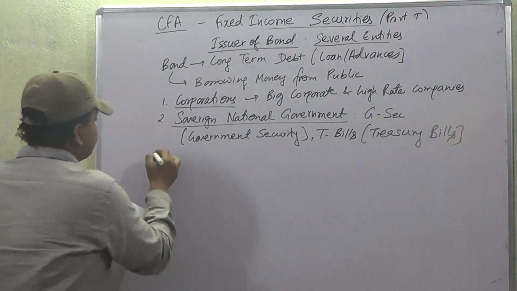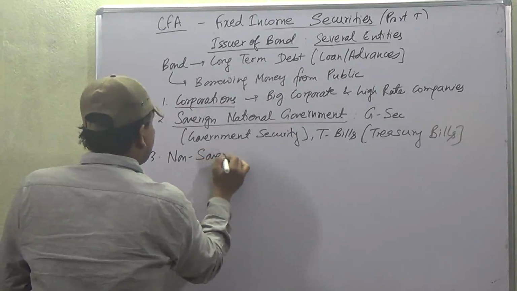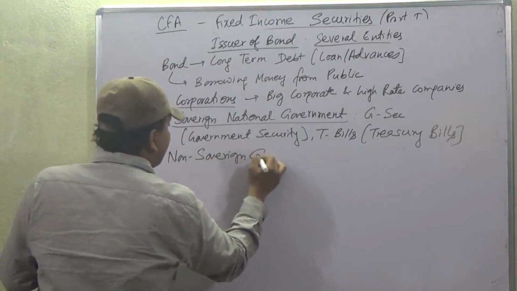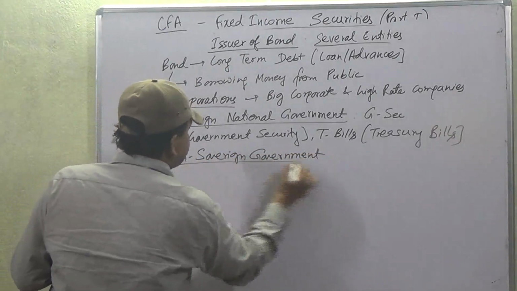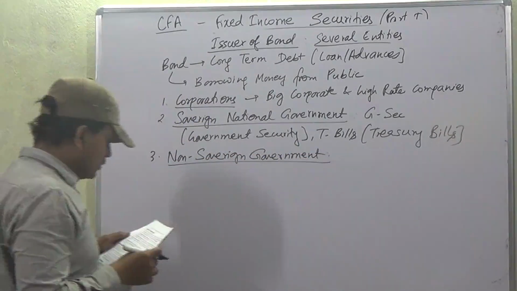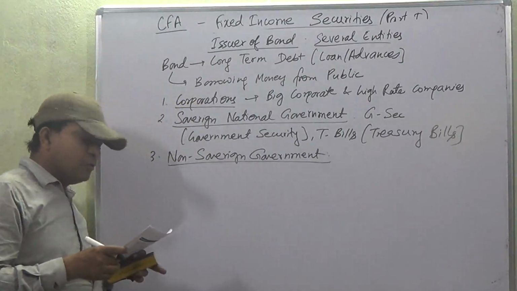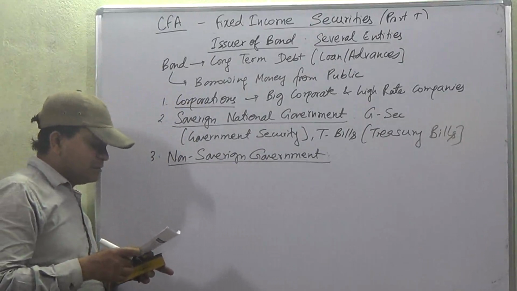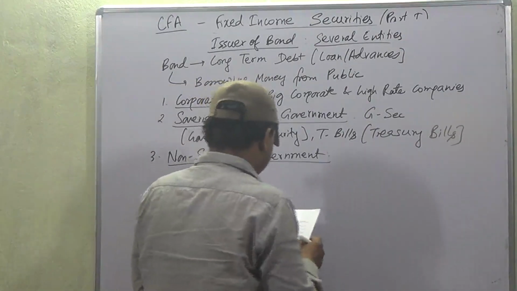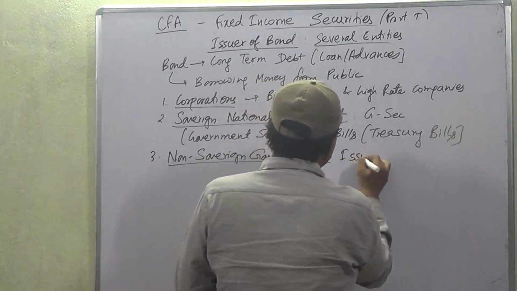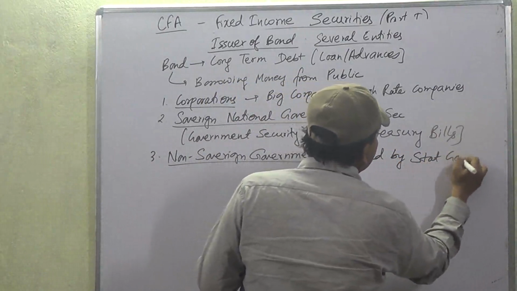Then the third one is non-sovereign government. Non-sovereign government means it is issued by government entities that are not the national government, such as your state government. It is basically issued by the state government. Simple logic.